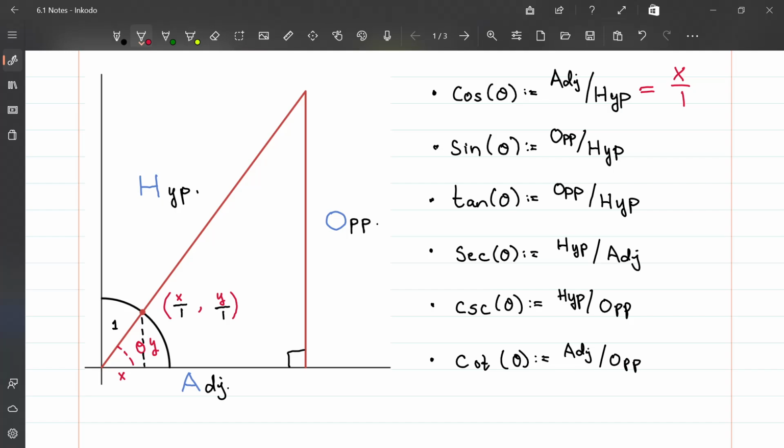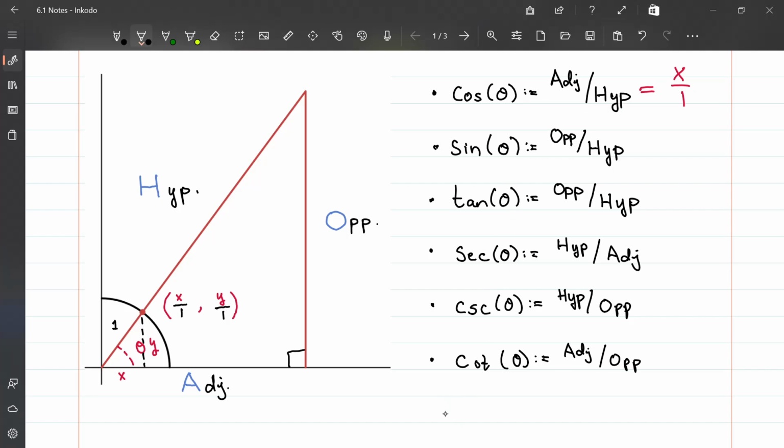There's just one technical detail that we should add here. In the unit circle definition, we didn't have to restrict theta at all. All we said was, once we have found the angle theta and we found the terminal point for theta, the first coordinate, the x-coordinate, is cosine, and the second, the y-coordinate, is sine. However, in order for us to draw a right triangle, we have to put a restriction on theta.